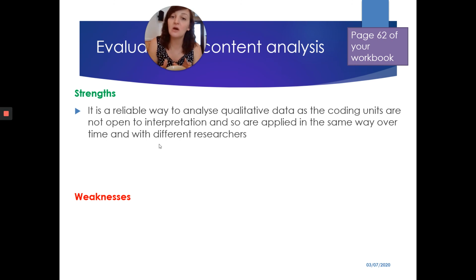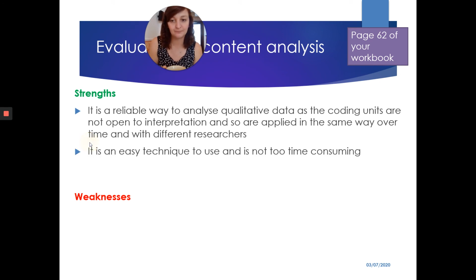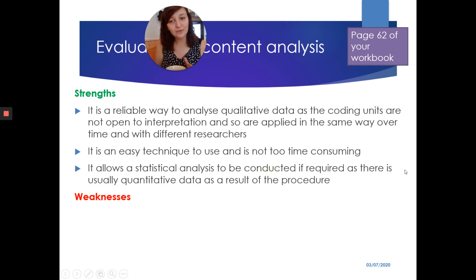So it is a reliable way of doing it because you can test it through inter-rater reliability. Easy, not too time consuming. Well, I think it's quite time consuming, but they argue it's not. And it allows for statistical analysis to be conducted if required, as it is usually quantitative data as a result of the procedure. So once you've got the quantitative data, you can then go out and look at something.